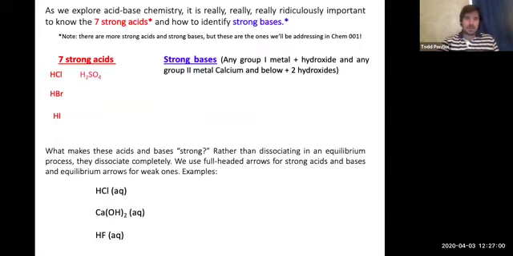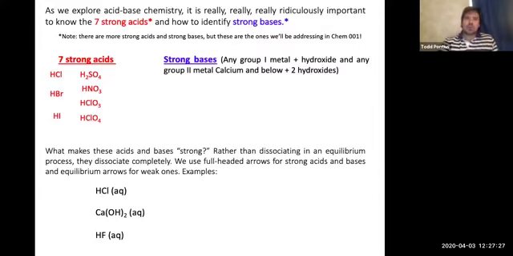So they are H2SO4, sulfuric acid, nitric acid, HNO3, HClO3, and HClO4. And you'll notice that the commonality of these are that they all have a metric crap ton of electronegative atoms and a lot of oxygens. And we'll see how that structure makes them strong in just a hot second.